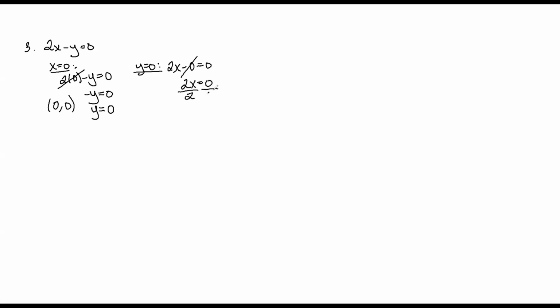Divide both sides by 2, and we get x equals 0 divided by 2, which is still 0. So now we have the point 0, 0 as well for our second intercept, which just means that the x and the y intercepts are exactly the same. They're both the origin. And we can't graph a line with one point, so we do need to find another one that's not one of the intercepts.